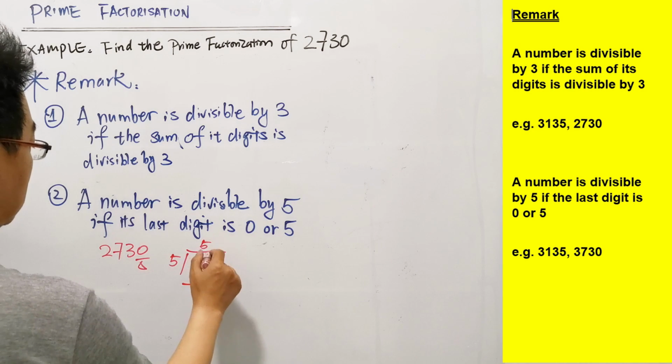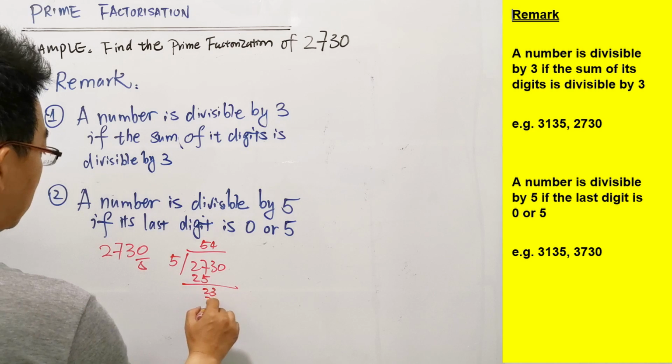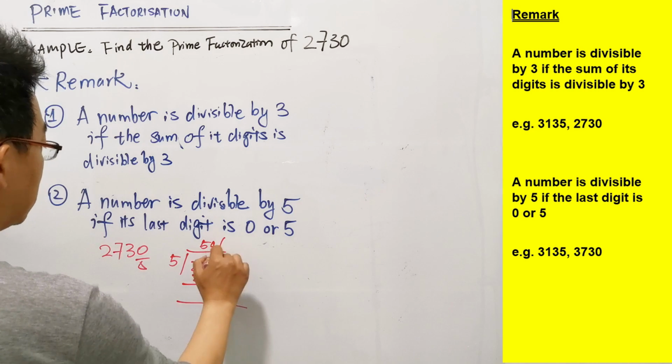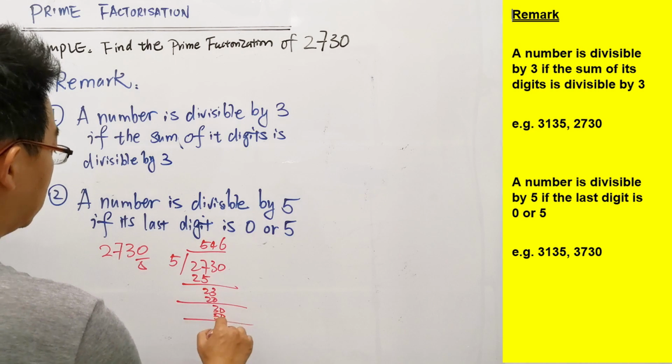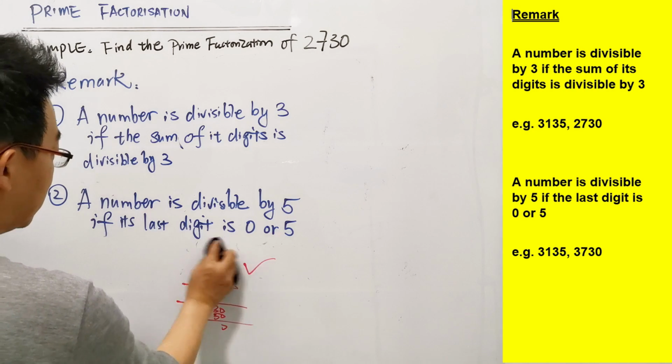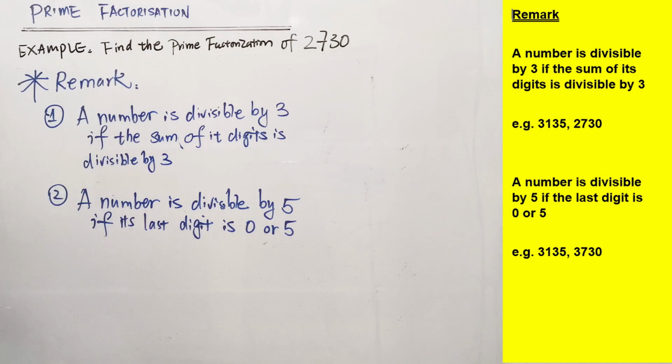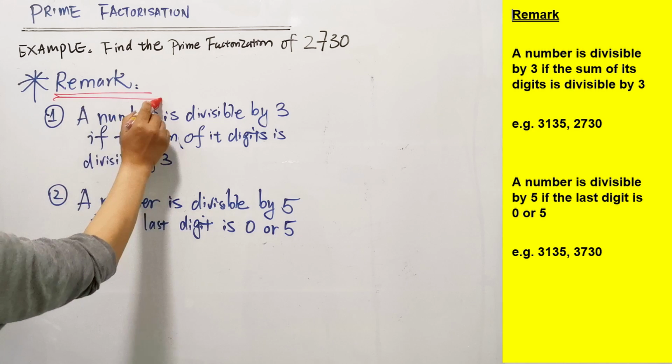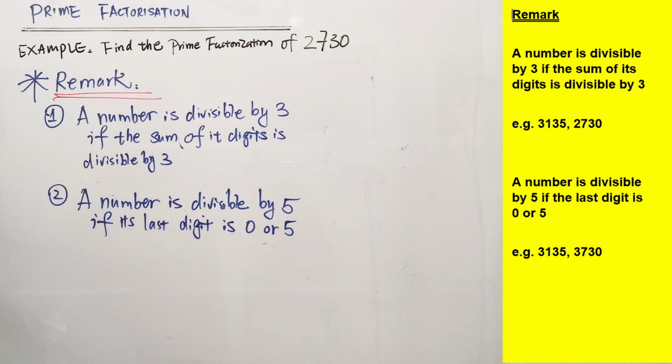So this is 4, right? 20, right? 30. And we got 6, right? Okay, 0. Okay, good. This is very simple, right? So we can understand that one. So let's remember these two remarks. These are two very important remarks. This is very helpful when we do the prime factorization.